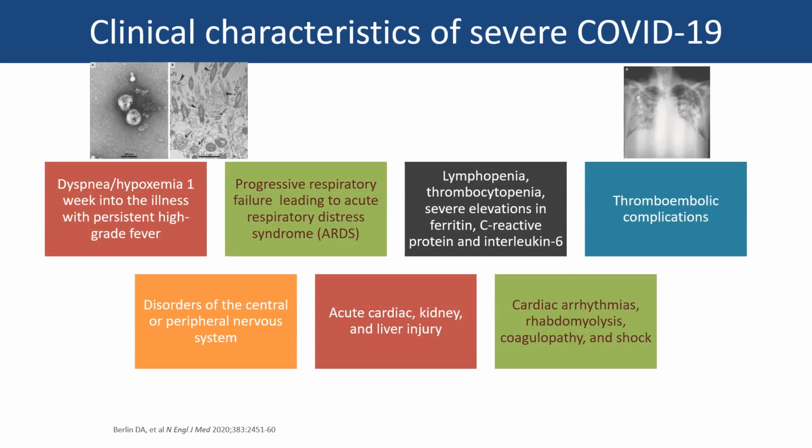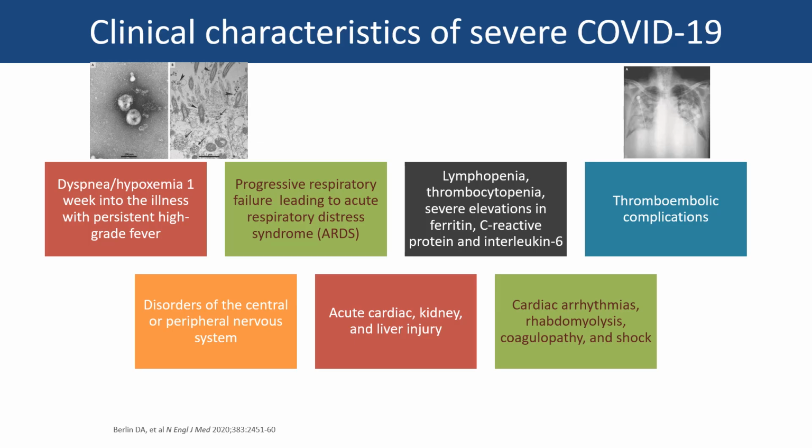Severe COVID-19 is characterized by a wide spectrum of manifestations as a result of the hyperinflammation that occurs, including dyspnea and hypoxemia due to the severe lung injury, progressing in some cases to acute respiratory distress syndrome. There is also a drop in the lymphocyte and platelet counts with severe elevations of inflammatory markers such as ferritin, CRP, and interleukin-6.